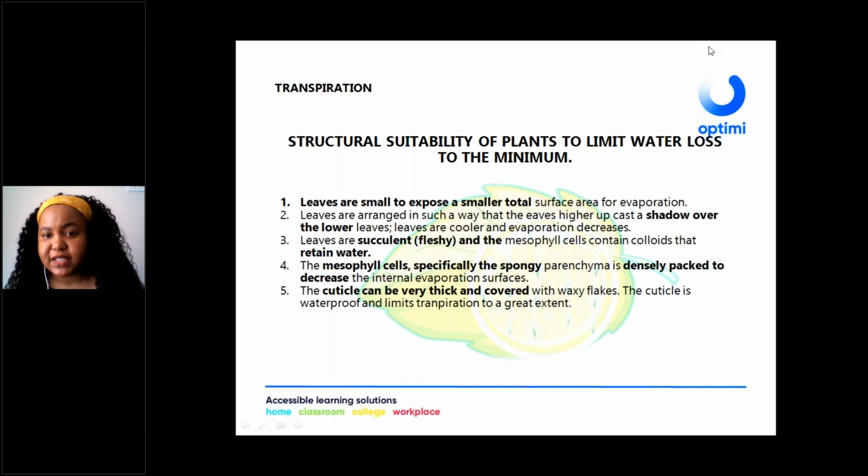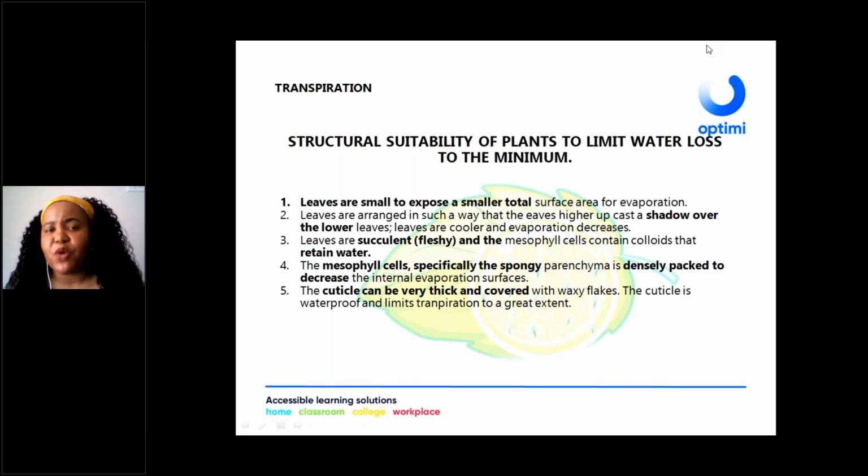Water evaporates daily from plants. I know there are plants that lose about 151,000 liters of water through transpiration, because transpiration is a breathing process. Just like we breathe and release water vapor when we breathe, plants release water as well as they breathe.